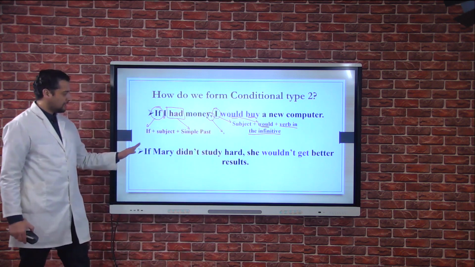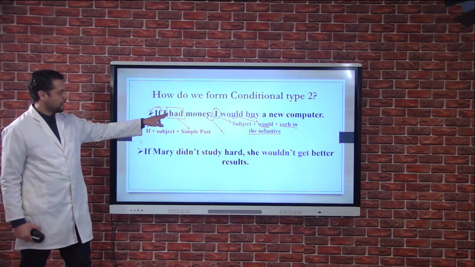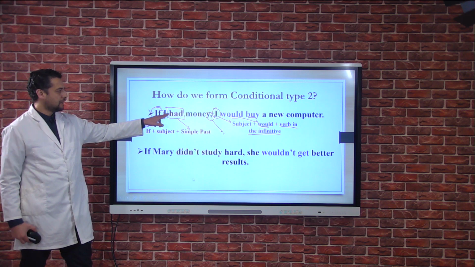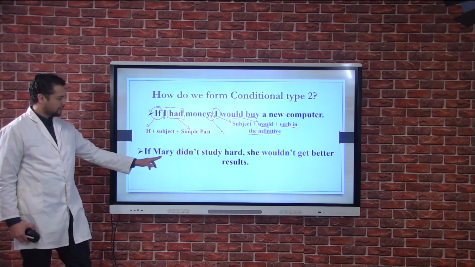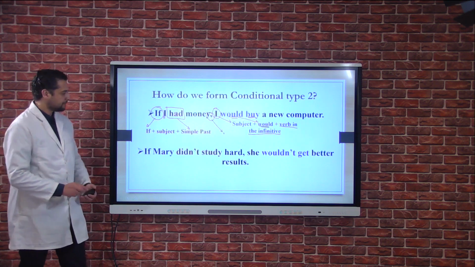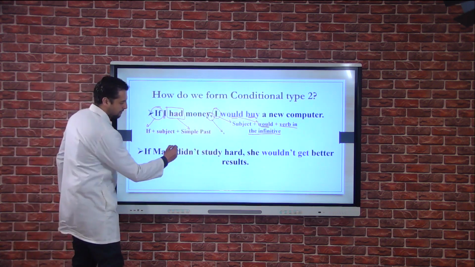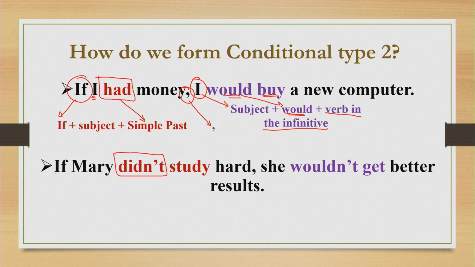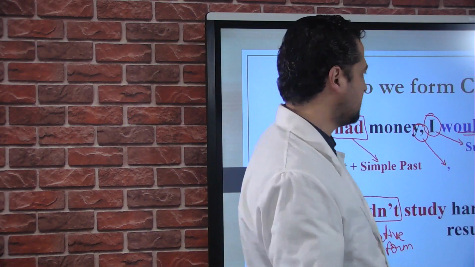As you can see, in the first example the verb is in the affirmative form. Let's have a look at the second one: "If Mary didn't study hard." Here the verb is in the negative form, which means conditional type 2 may have an affirmative and a negative form.